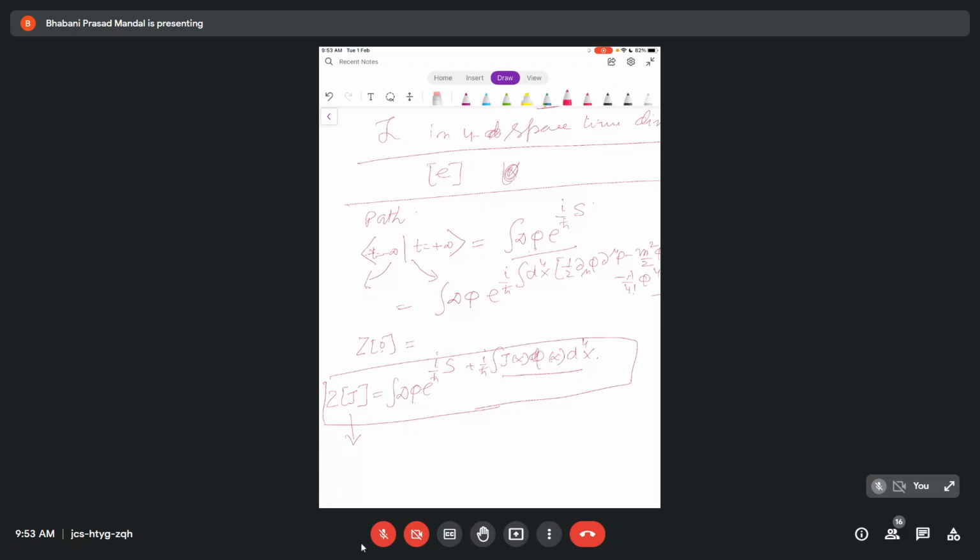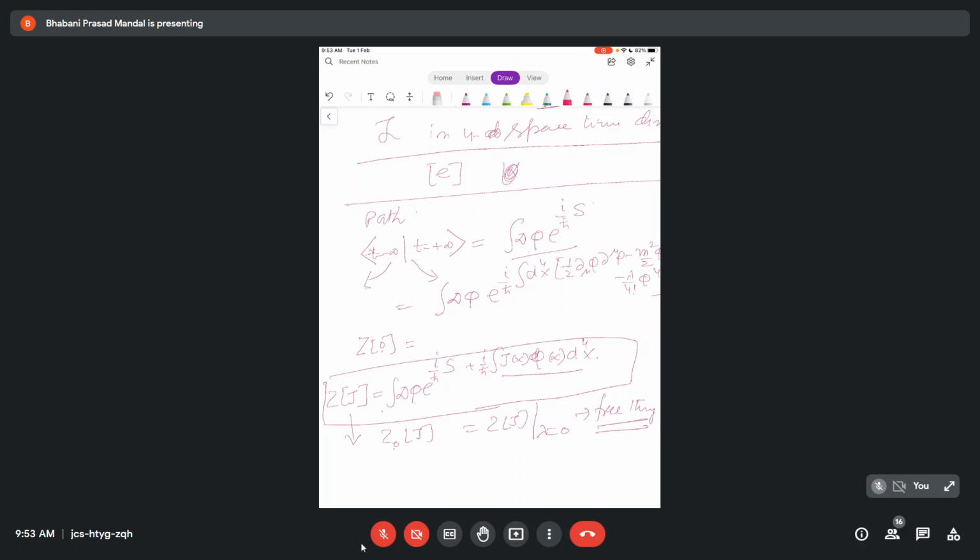So first we'll start with this generating functional, and when we put lambda equal to 0 for free theory, this is my notation Z0 of J. So at the beginning we'll deal with free theory, and then we'll put in the interaction.